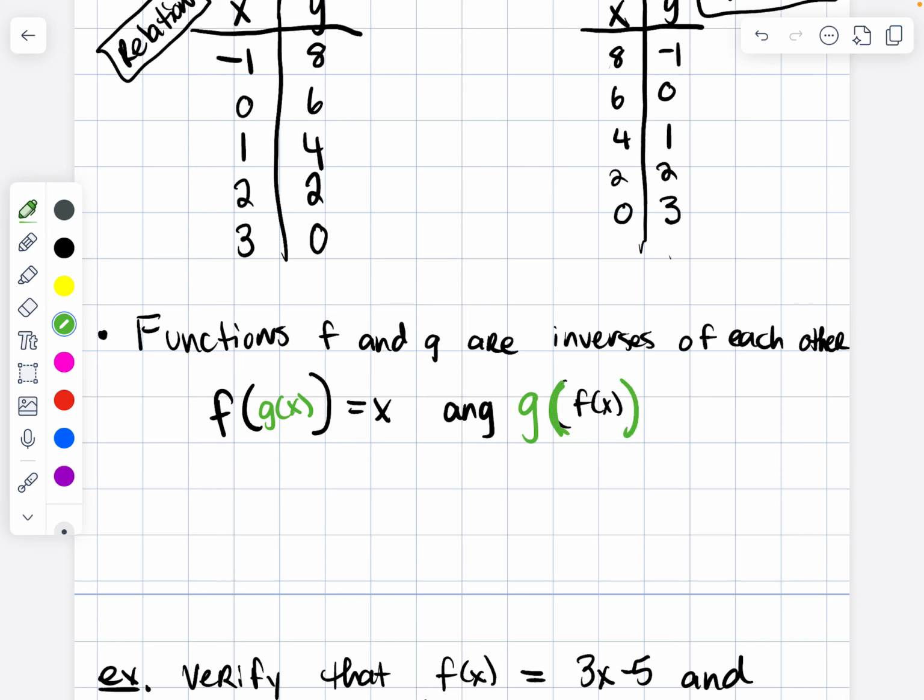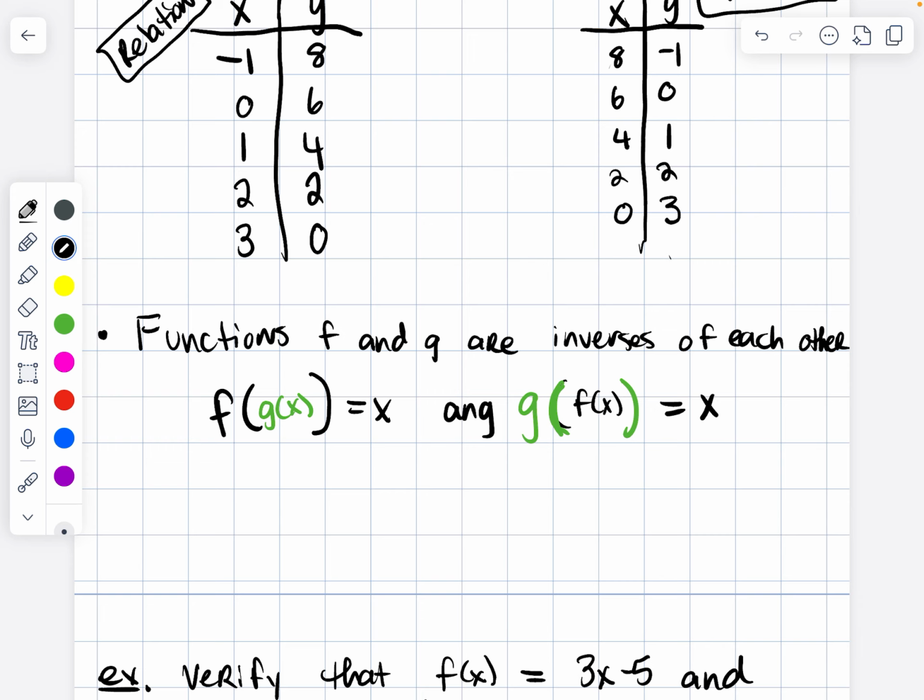So when we compose g of f of x and f of g of x, what we're expecting to get out each time is the variable x. And so when that happens, we can say f and g of x are inverses.